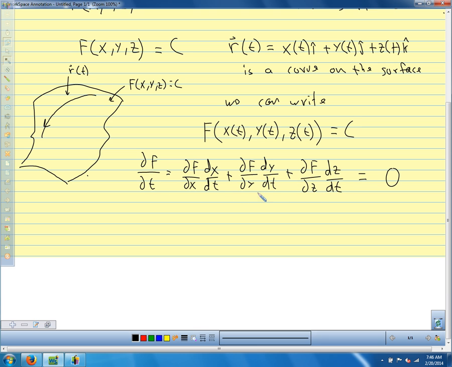What is this quantity? We have the partial of f with respect to x times the derivative of x with respect to t, the partial of f with respect to y times the derivative of y with respect to t, the partial of f with respect to z times dz dt. So we have this sum.